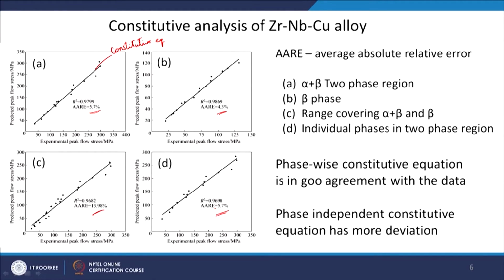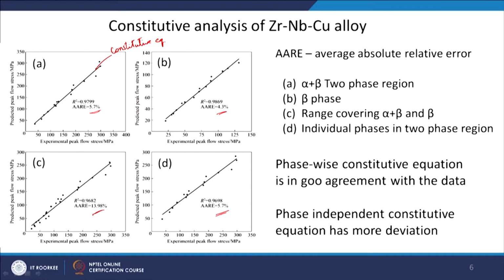So, you can see that the error between the predicted and the experimental value is very high when we consider the whole temperature range. Whereas, when we develop an individual constitutive equation for each phase or phase region, our errors were very small.